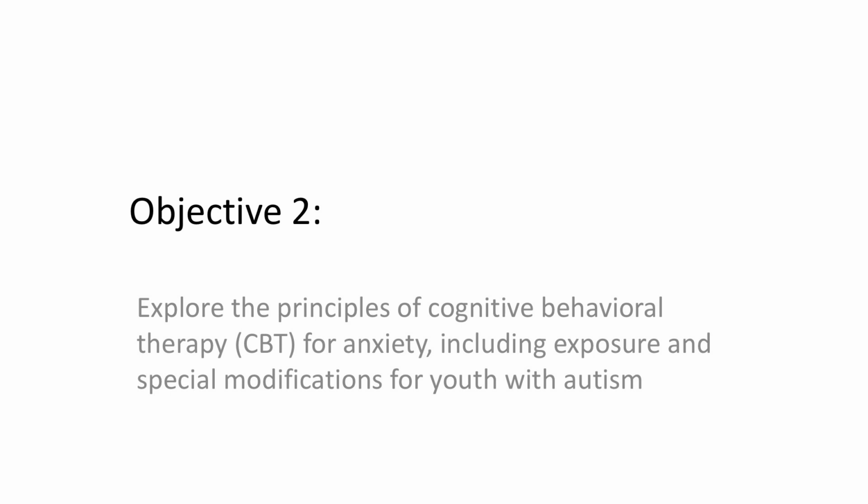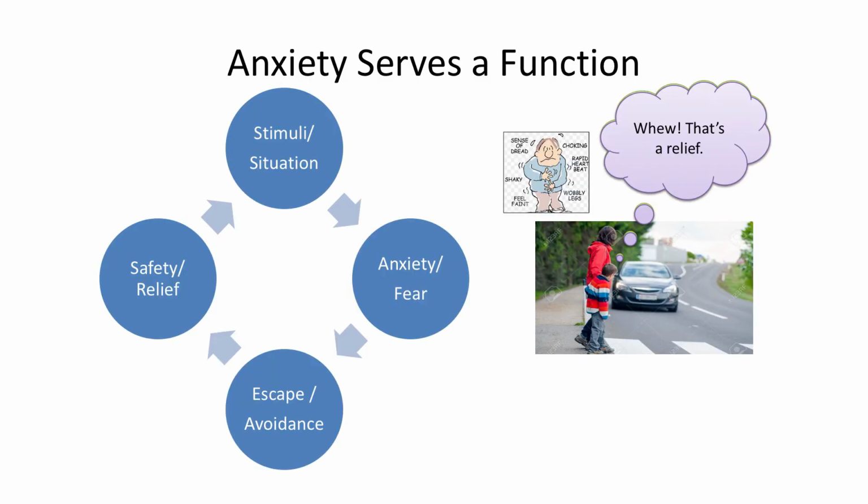So like Breanna was saying, once we know that a child has significant anxiety, what's the next step now? What do we do? And so the first basis when we're thinking about treatment comes from, like Breanna was talking about, that anxiety serves a function. So if we think about a kid in a situation, they get to the corner and they're with their mom, and mom says, look both ways before you cross the street, and the kid sees a car coming, and then he starts feeling anxious and nervous.